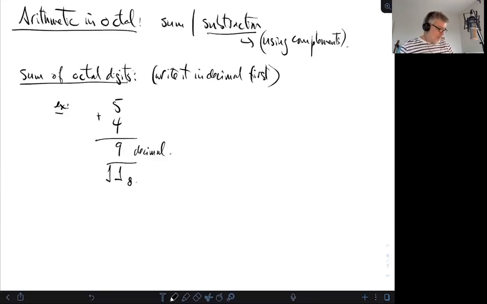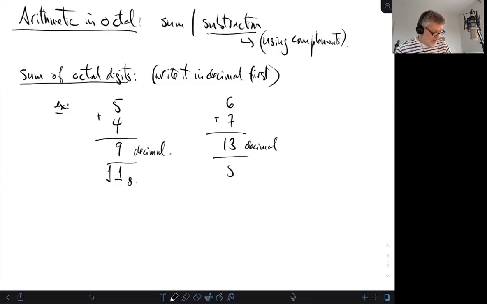Here's another example. Let's say that I have 6 plus 7. So these are octal digits that I'm adding in some big sum that I'm doing. 6 and 7 is 13. I'm going to write it in decimal first, right? Now, 13 decimal is 8 plus 5, right?